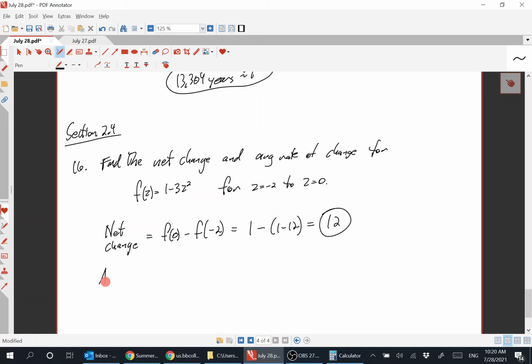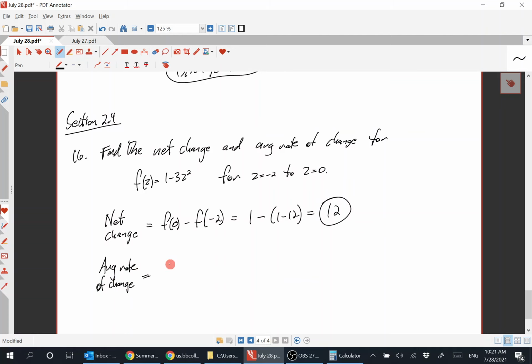So the average rate of change is the net change, f of 0 minus f of -2 over 0 minus -2. So that's 12 over 2, which is 6. Okay.